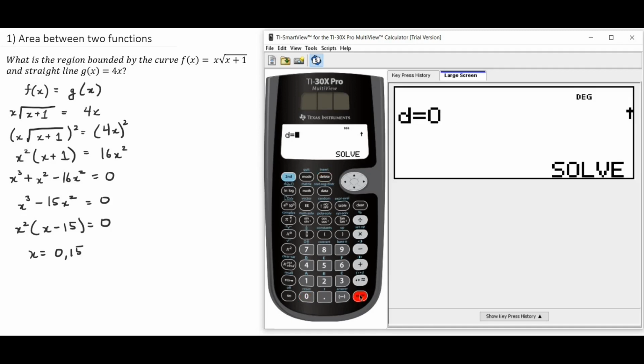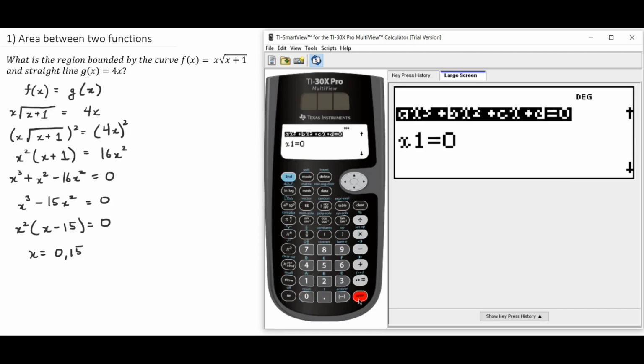Our d value is also 0. Once we hit solve, it's going to calculate the values for x. So our first x value is 0. Our second x value is 15.